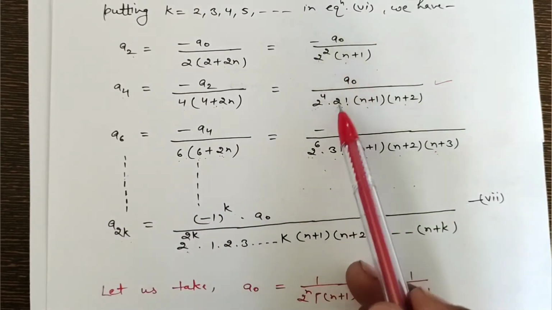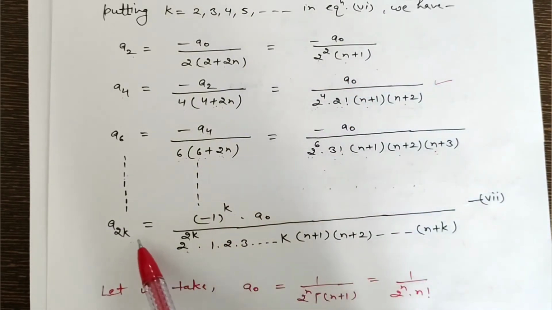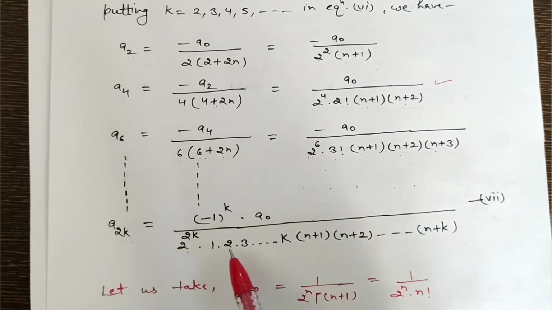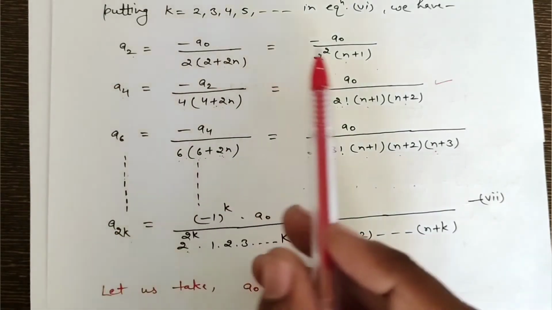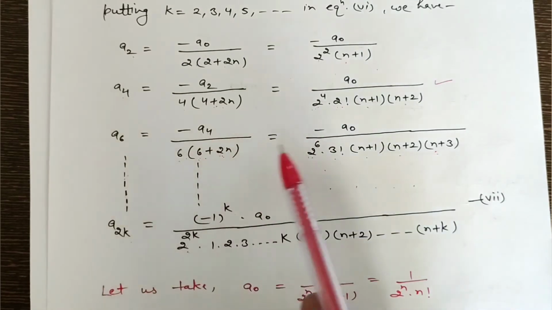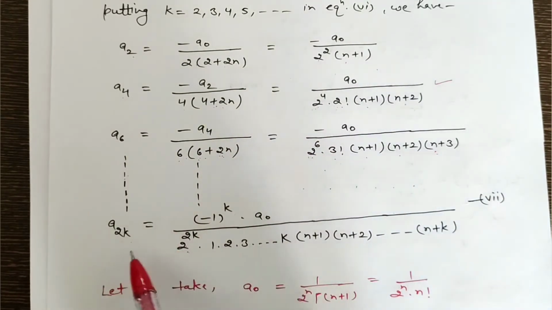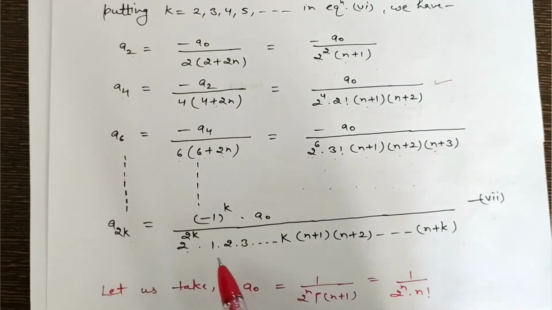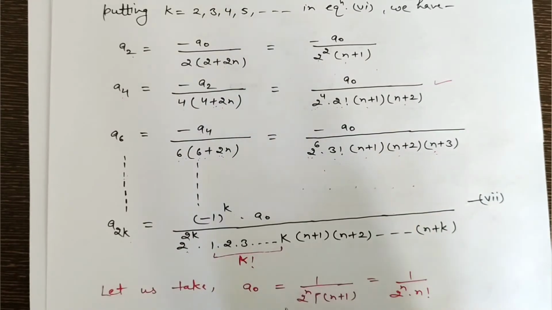Here it is 1 factorial, 2 factorial, 3 factorial. So for a2k it will be 1 into 2 into 3 into up to k. So whatever be the value of k, that will give you that much factorial. For a2 it is 1 factorial, for a4 it is 2 factorial, for a6 it is 3 factorial, for a2k this term will give you k factorial. Clear?